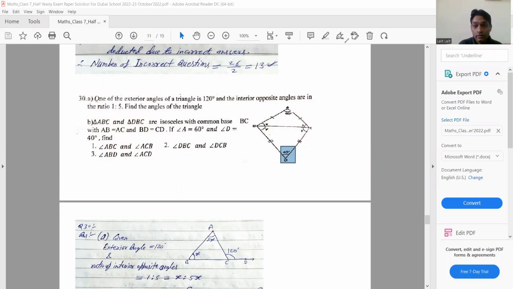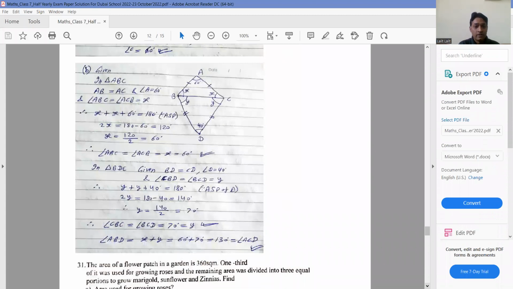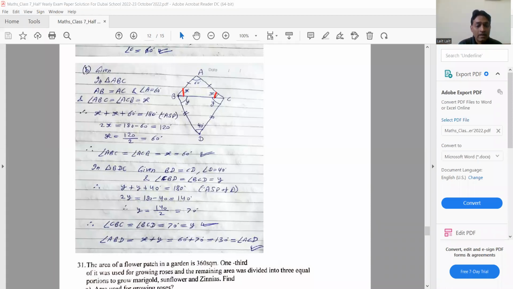Let me redraw this figure to explain it in a better way. I have drawn the figure like this, and the value is given as x. First, I am taking triangle ABC. We know AB is equal to AC, and angle A is equal to 60 degrees. As per the isosceles triangle property, when two sides of a triangle are equal, the angles opposite the equal sides are also equal.